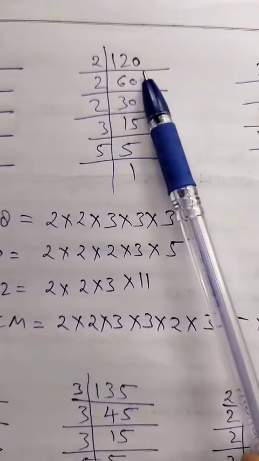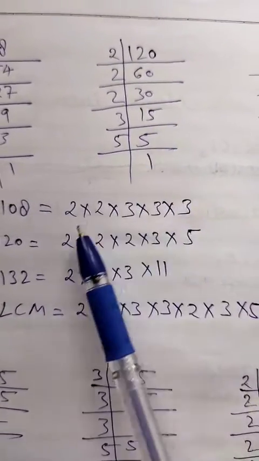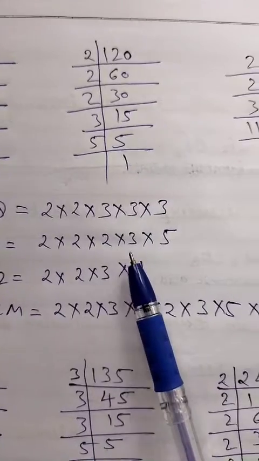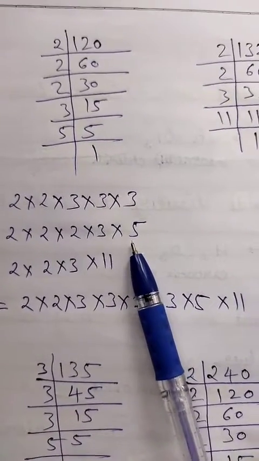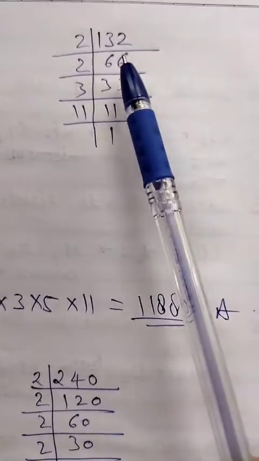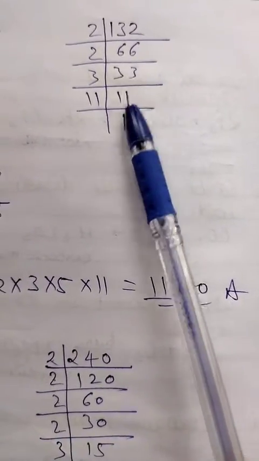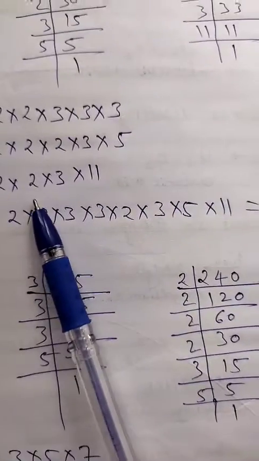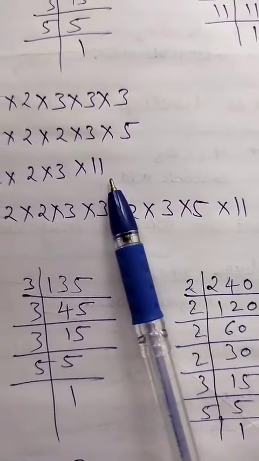Then 120 factors you will do, then you will get 2 into 2 into 2 into 3 into 5. Now 132 factors you will do, then you will get 2 into 2 into 3 into 11.